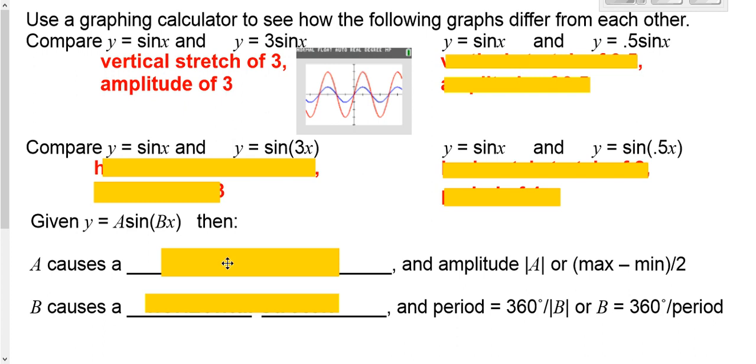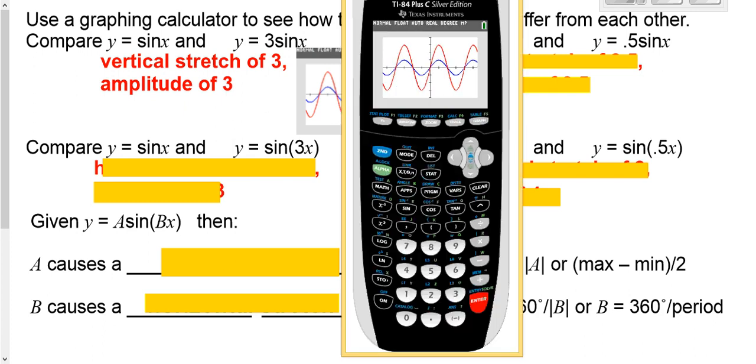Let's take a look at the next one here and graph that one. So go back to your y equals, and we're going to put 0.5. And I'm going to just insert, so I don't have to retype everything, my sine of x. And then we're going to look at that. Here's my original blue coming on in.